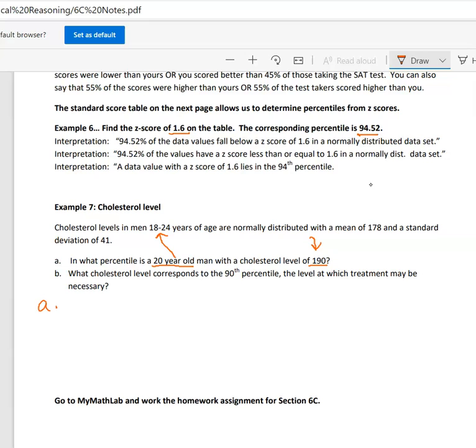So our data value is 190, and we have a mean of 178. Data value minus mean divided by our standard deviation, which is 41. So 190 minus 178 is 12, divided by 41.